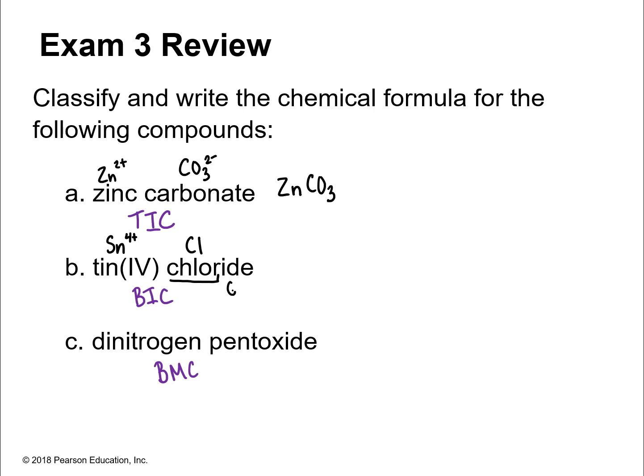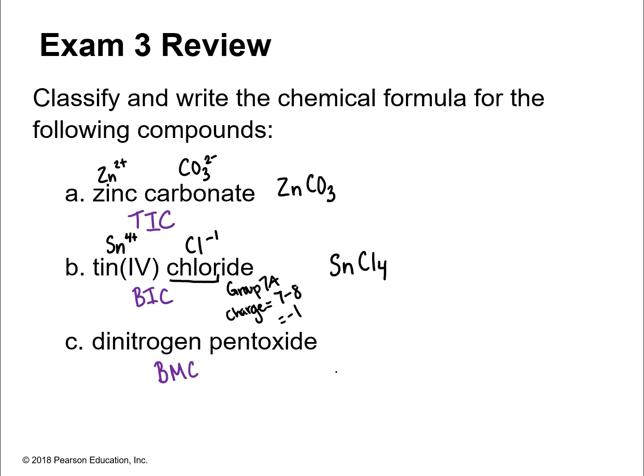Chlorine is in group 7A, which means its charge is equal to 7 minus 8. You take that group number and subtract 8. That gives you -1. So the chloride ion is Cl-. To write out the actual chemical formula, we're going to need 4 of those chloride ions because tin is 4+.